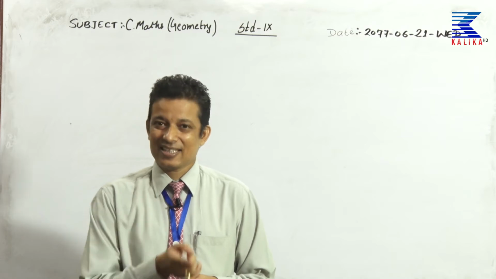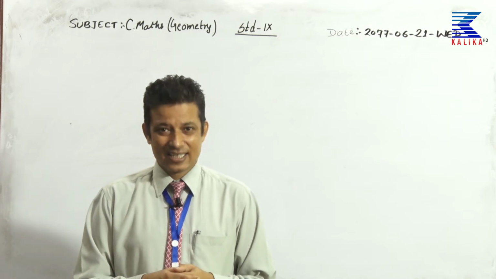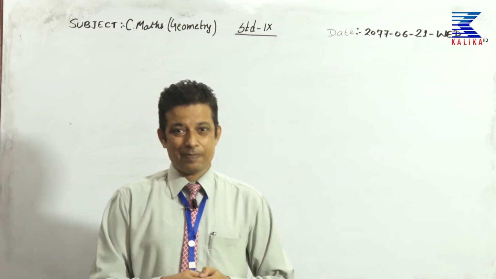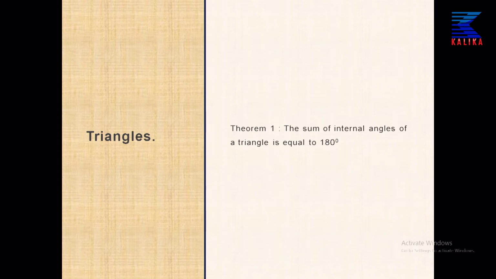Let us see in the slide what we studied yesterday in our last class. Look at the slide please. So, this is what we proved yesterday: the sum of interior angles of a triangle is equal to 180 degrees.